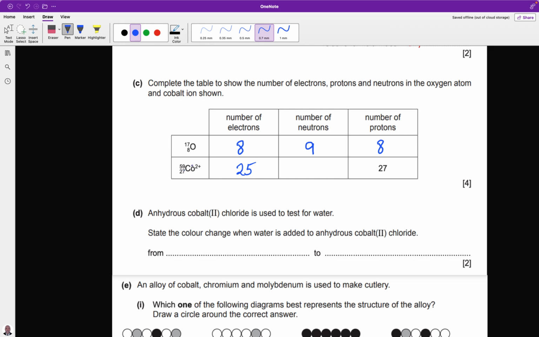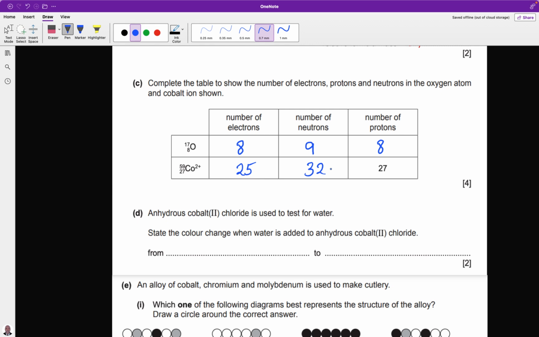To get the number of neutrons, it will be 59 minus 27, which is 32. Our answer will be 32. Now, we have to proceed to the D part of it.